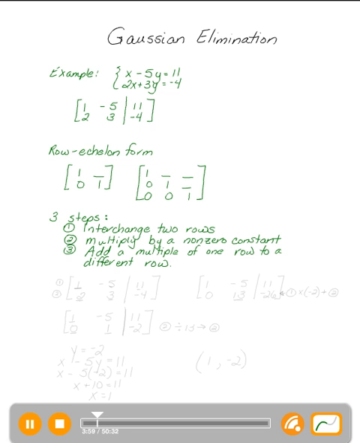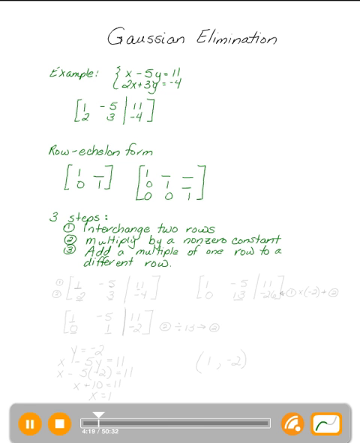Now again, ultimately, we would like our matrix to be in row echelon form. The only 3 things we're allowed to do in order to convert our matrix into row echelon form are: we can interchange 2 rows, we can multiply a row by a non-zero constant, or we can add a multiple of one row to a different row.